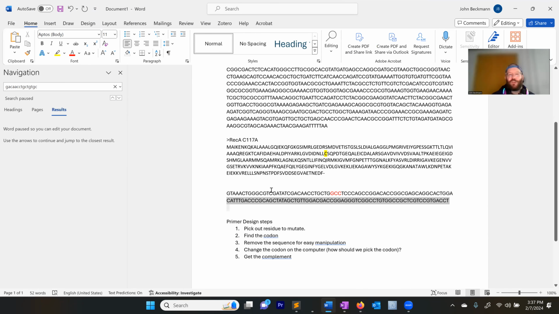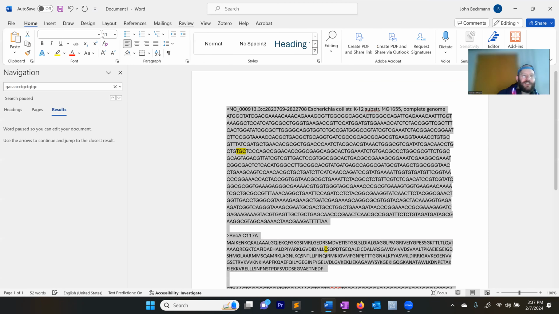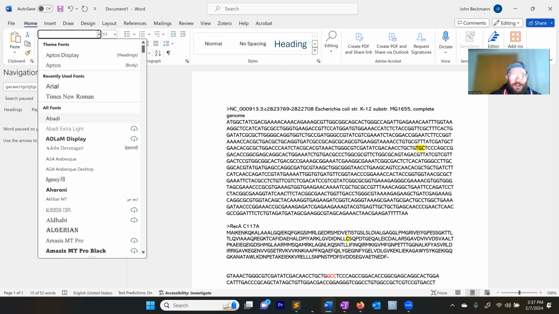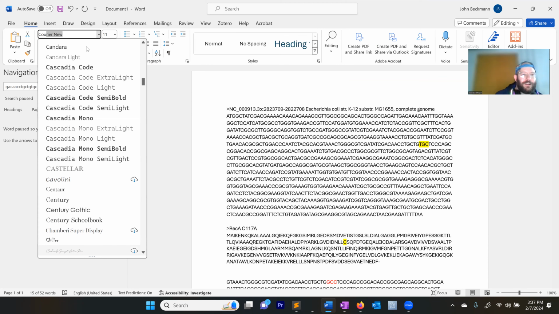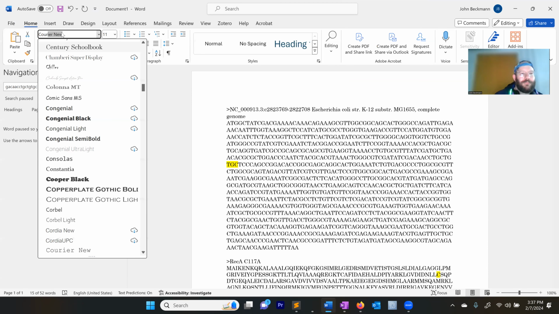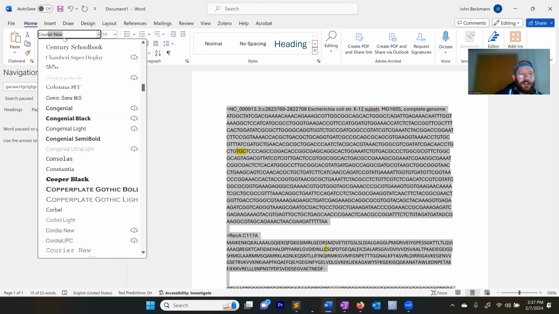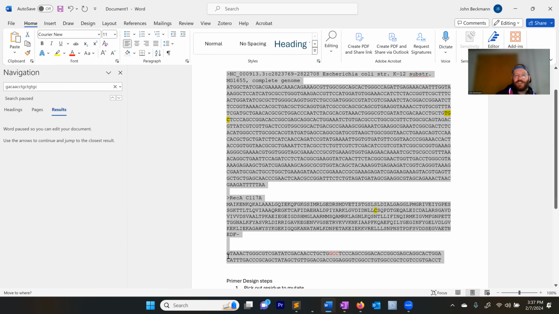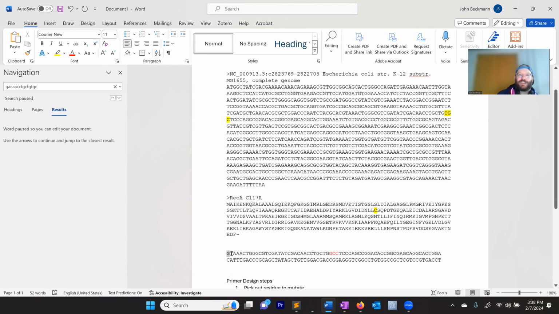Okay, here's a very important thing. When you are working with DNA in Word, you want your font to be what's called Courier New. I'll explain that in a second. Because in Courier New, the spacing of every character is exactly the same.